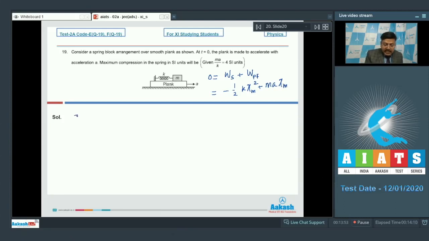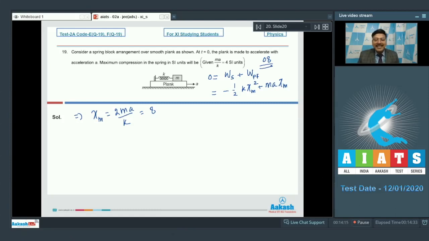Now this simply tells us that the value of xm is 2ma by k. The ma by k value is given to us as 4 units, so this is total 8 SI units. So the answer to question 19 is simply 08.